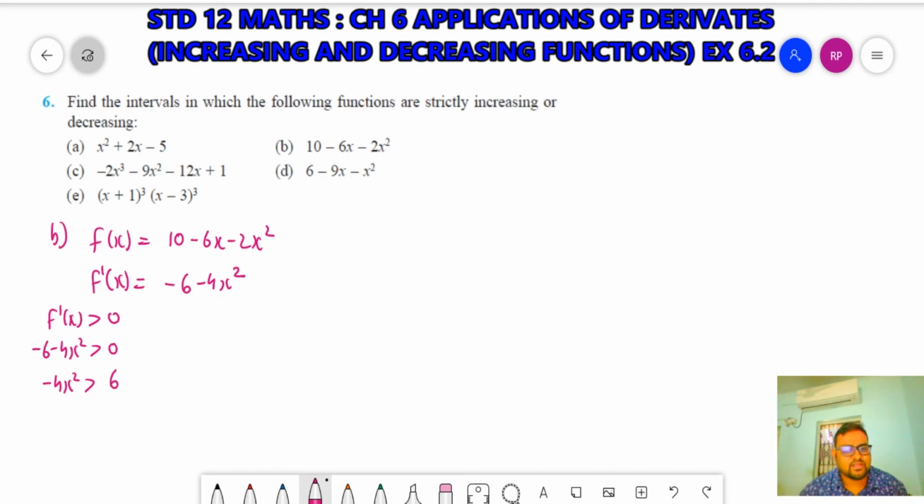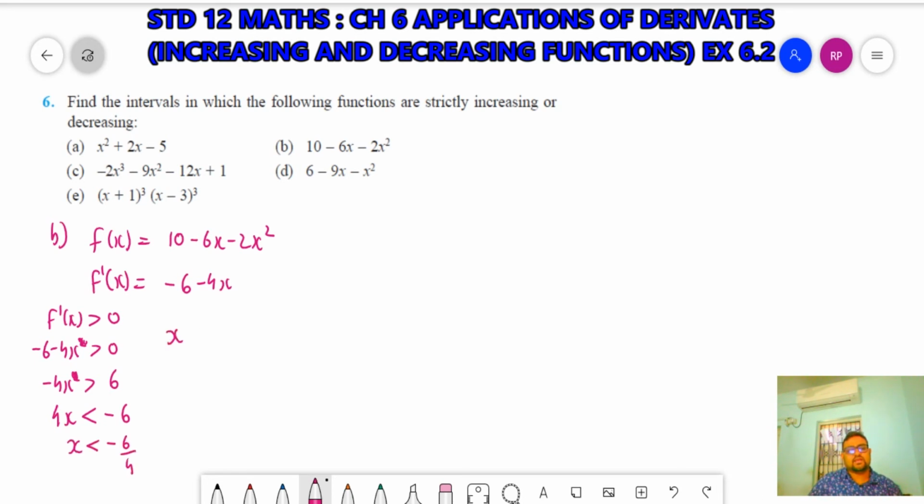Okay, sorry, it will be minus 4x, not 4x square. Okay, so minus 4x must be greater than 6. So when I multiply both sides with minus 1, I need to change the inequality sign. 4x must be less than minus 6. So x must be less than minus 6 by 4.